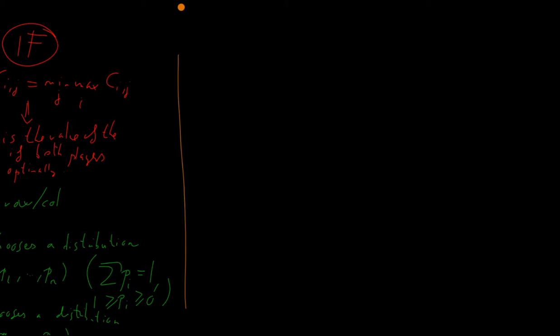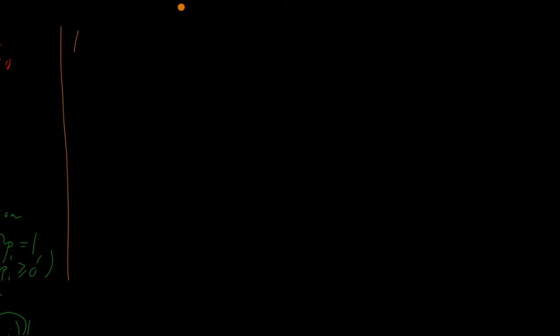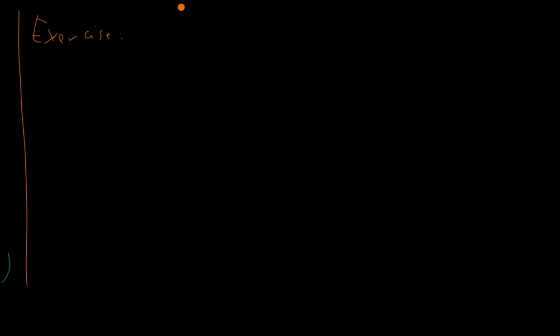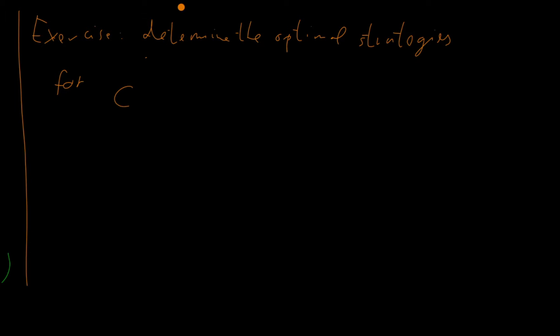So, exercise: determine the optimum strategies, say, for both players for the matrix, say, C: 2, 4, 5 and 3.